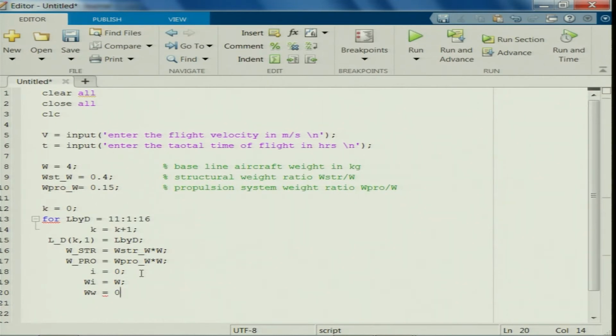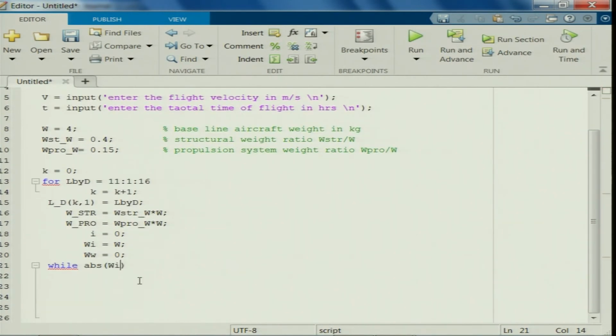I am just assigning it to start. Let us say W is the final weight after each iteration. So, Wi minus W I would like to compare, and it should be greater than 10 power minus 10, right. If it is greater than 10 power minus 10, this loop runs.